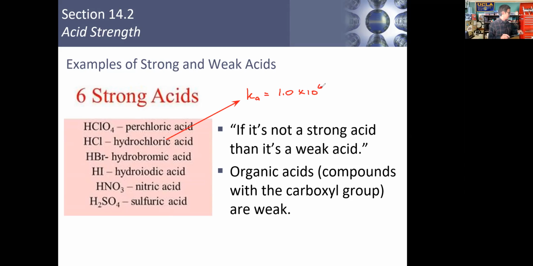When you compare that with the Kas of the weak acids, you're going to see in the next list that this is a huge number. On the order of 10 to the 6, that's a million. So again, if it's not on this list, then it will be a weak acid.